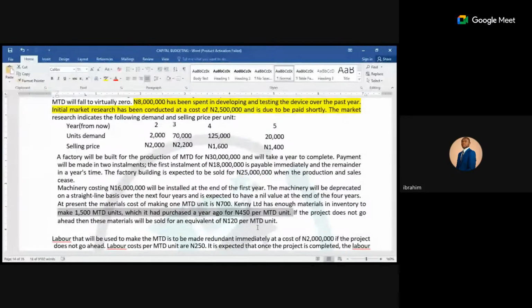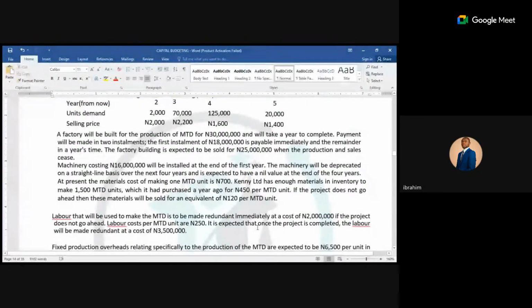Now, what they will forgo of 120 naira per MTD, they have to consider it as part of the costs. They have to, because they would have sold it at 120 and the project will not go ahead, right? We'll get to that point again. I'm just explaining how we'll treat it.